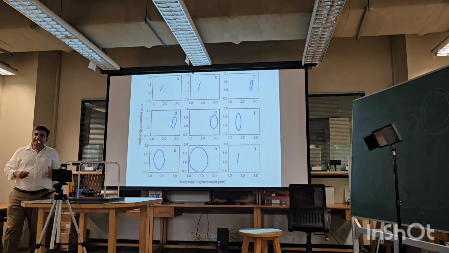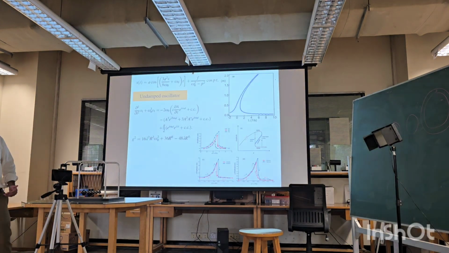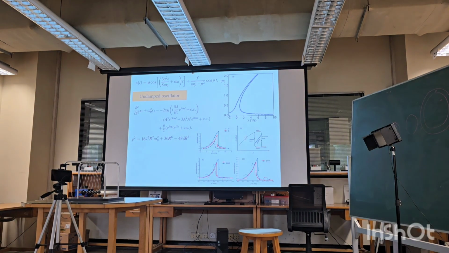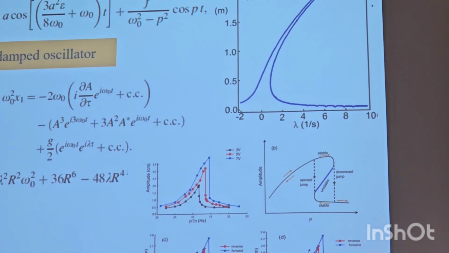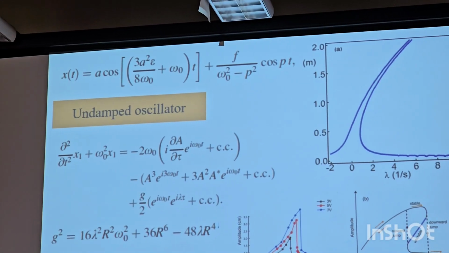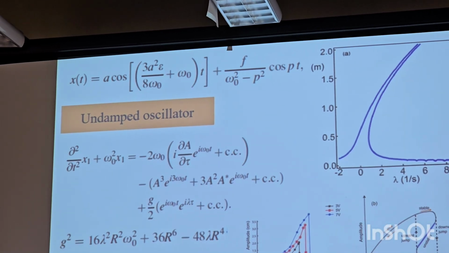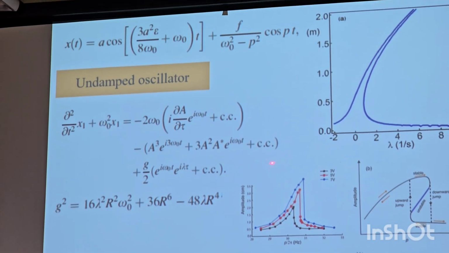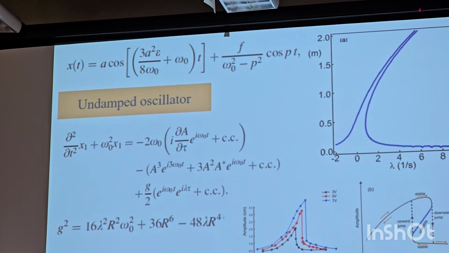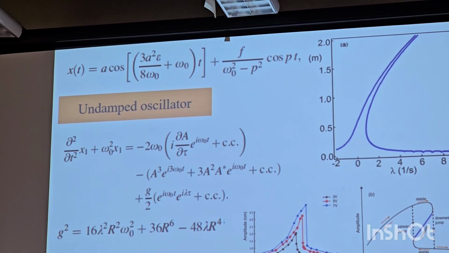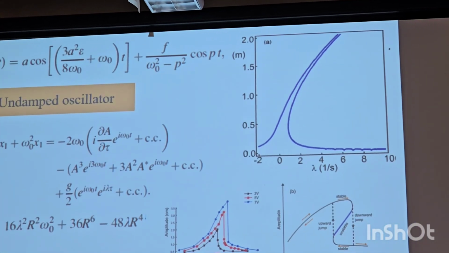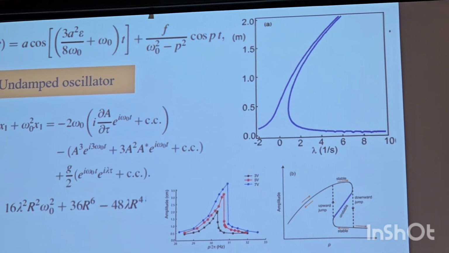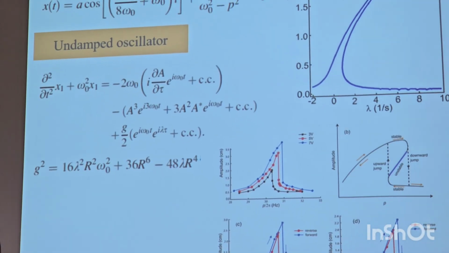And then steps in the mathematician or the physicist who would like to write an equation for this and find a solution for this equation. If you do an analytical solution for this equation, you will get these tongue-shaped structures, and the experimental data closely matches the mathematical prediction.